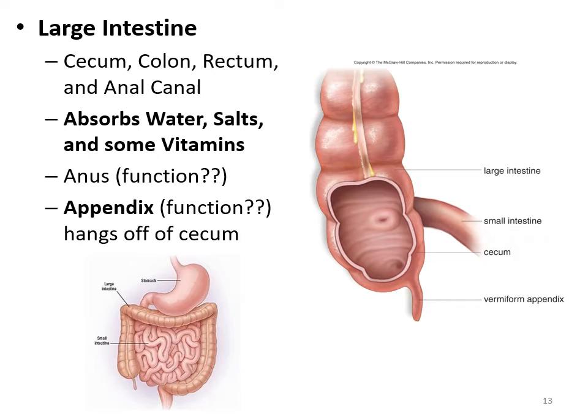Now, people still argue over what the appendix is for, what its function is. The two main ideas are, one, it might possibly be involved with fighting infections by having that structure. Two, many people see it as what's called a vestigial structure from ancestors.